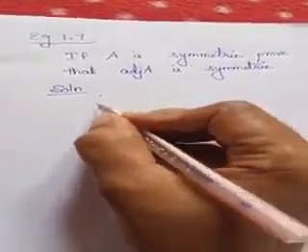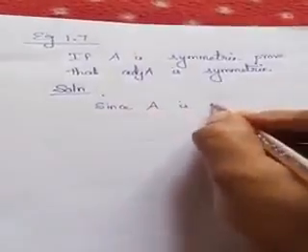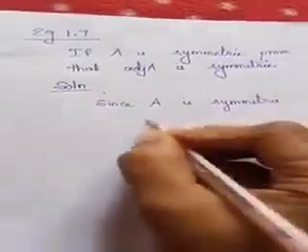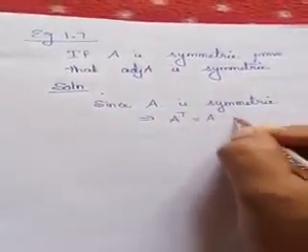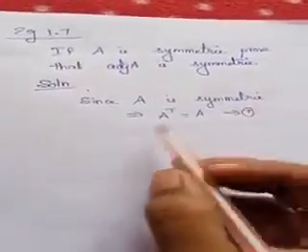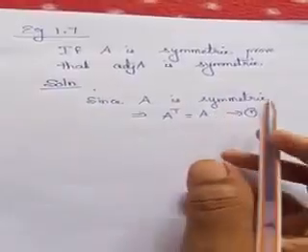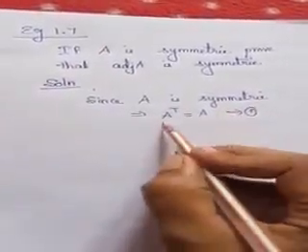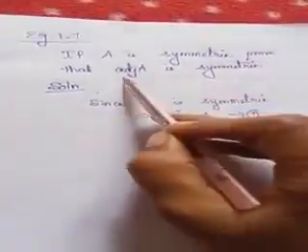Since A is symmetric, which implies A transpose is equal to A. Keep it as equation number 1. Symmetric, in 11th standard we might have learned. If you are not remembering, this is the condition: if A is symmetric, then A transpose is equal to A.